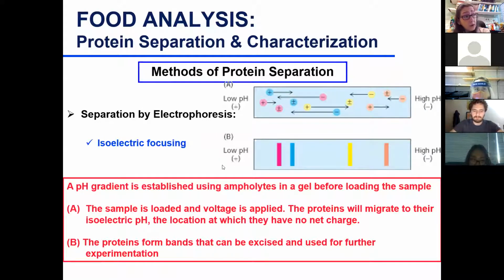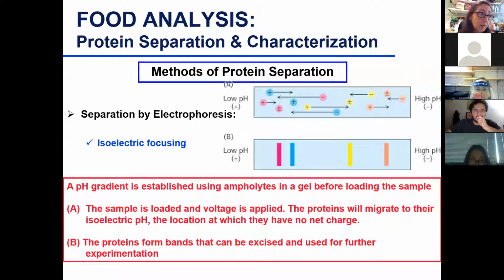So electrophoresis can also be done based on the isoelectric point of the protein. That means separating them based on the pH at which they don't have any charge.